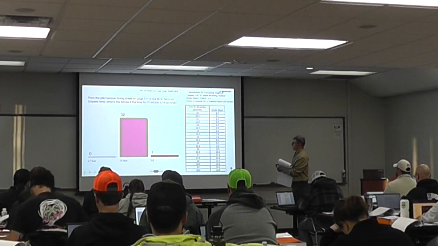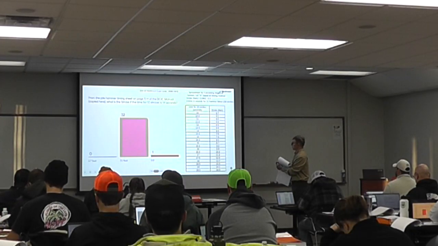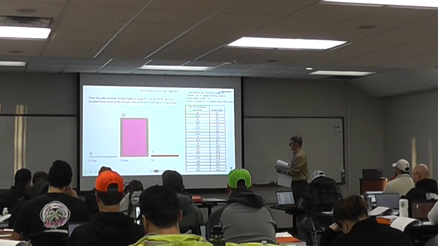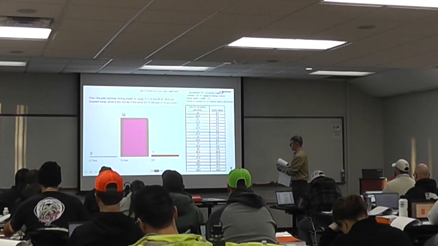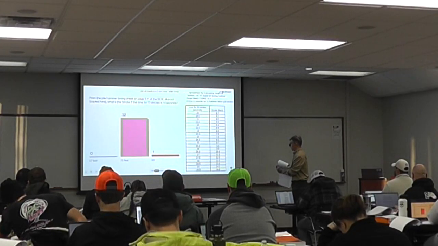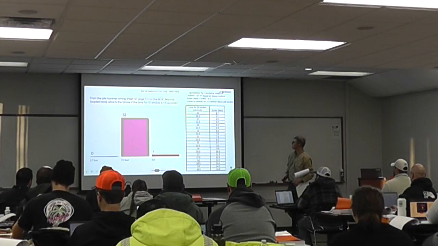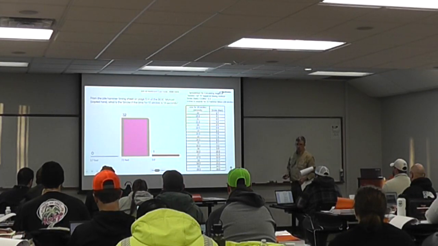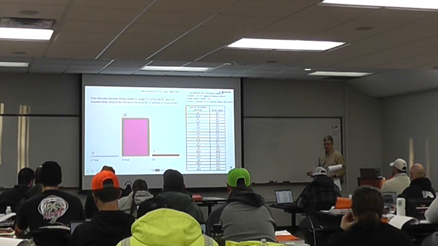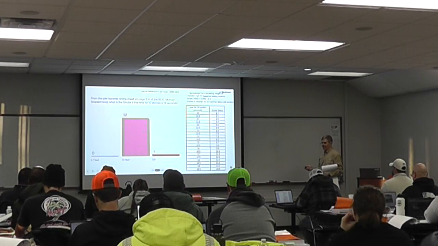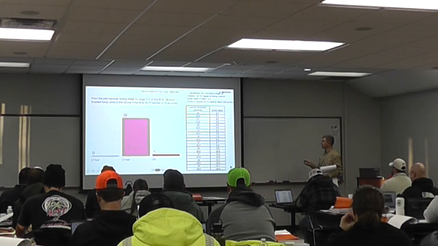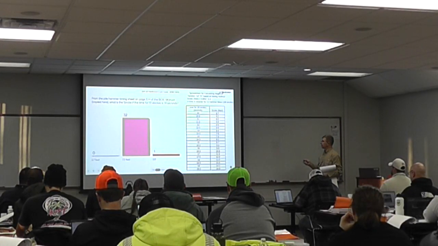So if the time for 10 strokes is 14 seconds, you go down to the 14, and then you come across to the 7.5. Most of you were able to get that. If you want to keep a formula in your phone or something, you can also do it with this.